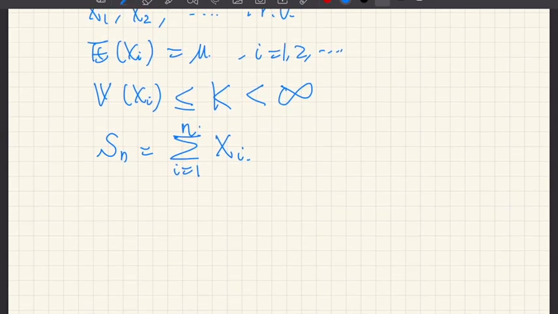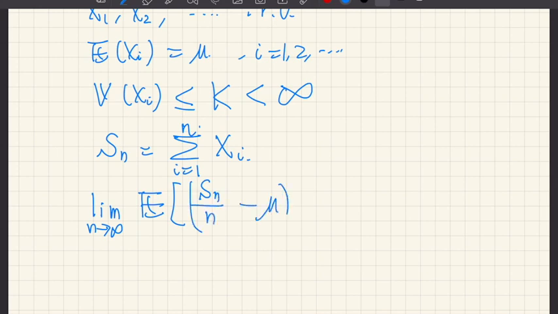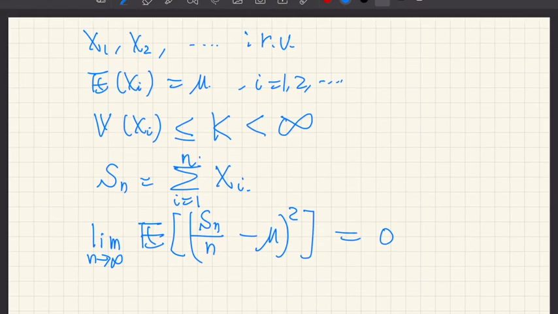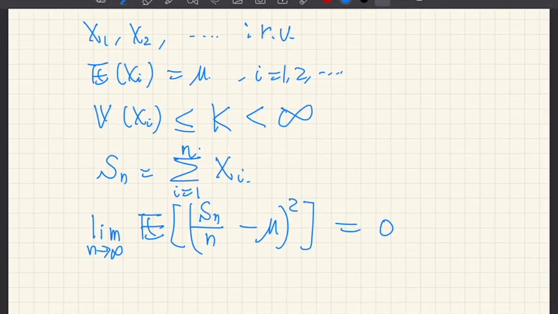Then this theorem says the expectation value of (Sn over n minus mu) squared goes to 0 as n goes to infinity.